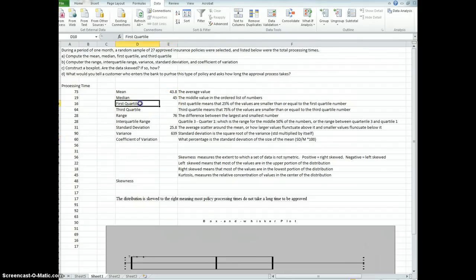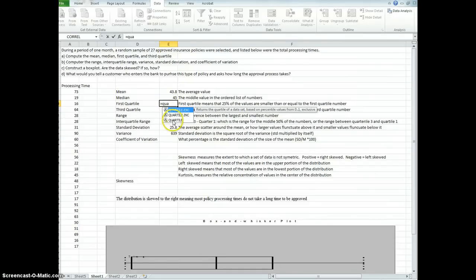Okay, the first quartile means that 25% of the numbers are equal to or smaller than the first quartile number. Now to do this, we're going to put our cursor inside the blank area, click the equal sign, hit quartile.